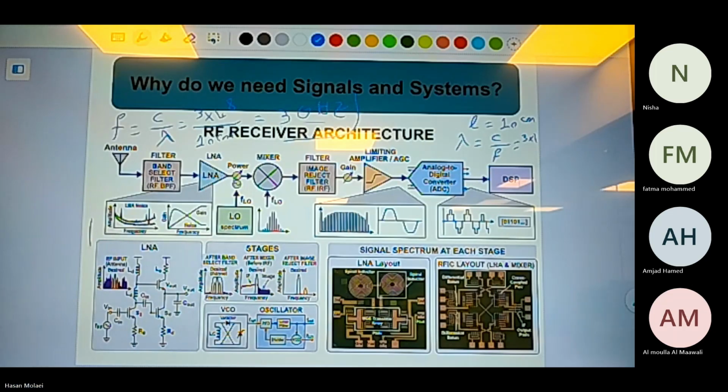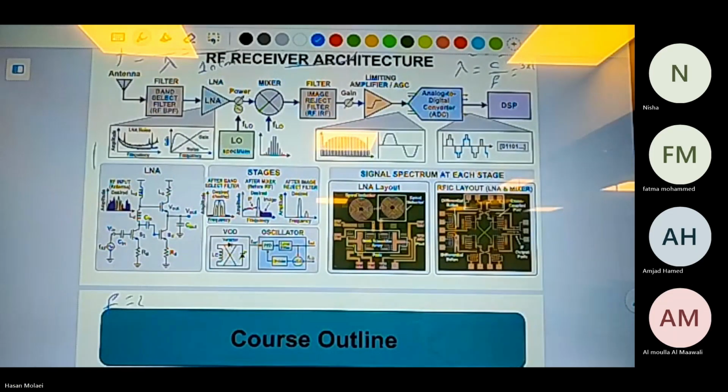If you have a signal, for example, in the audio band, which is around 20K, how big will your antenna be?